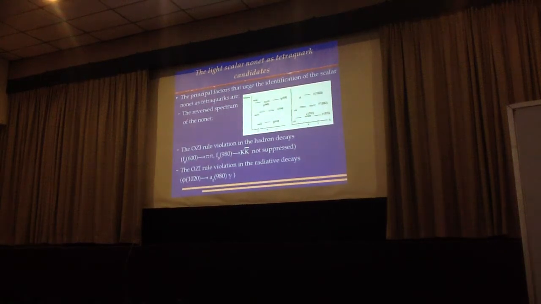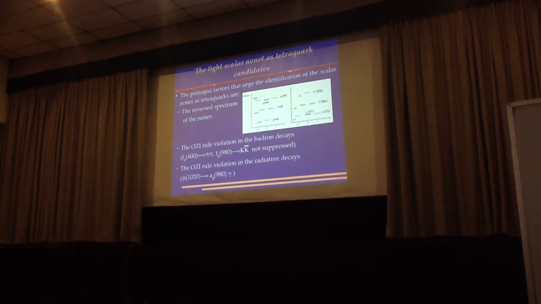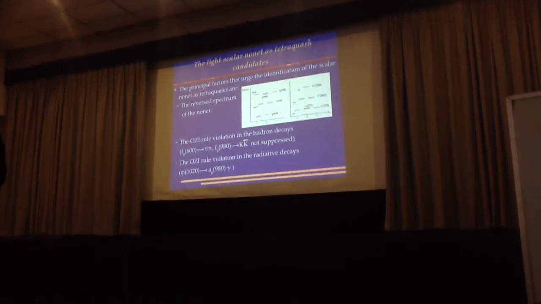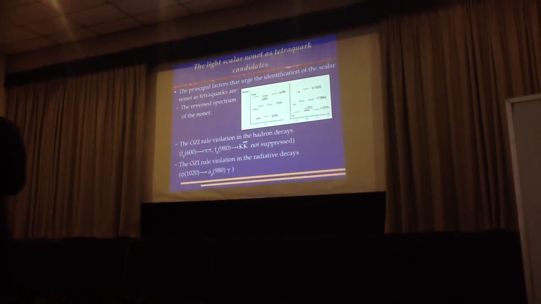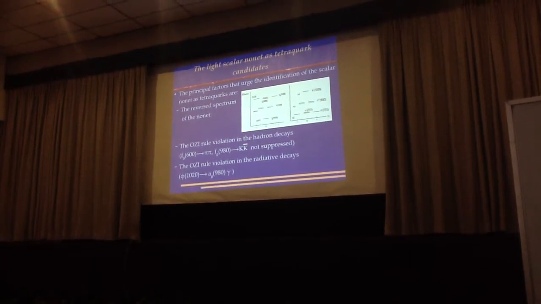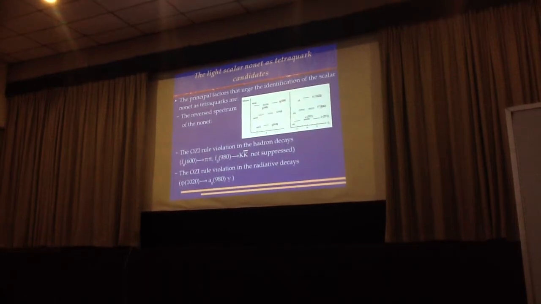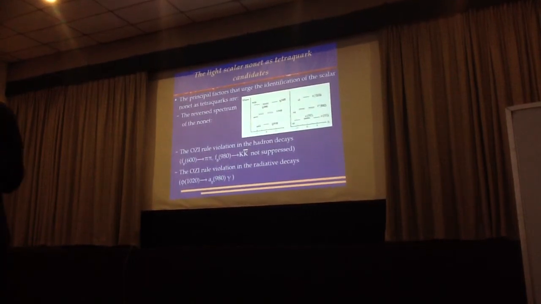So why did Jaffe think, and we too believe, that this light scalar nonet is a tetraquark? There are many reasons. The principal ones are these. The first reason is the reversed spectrum of the nonet. We can see on the right the pattern of the normal meson nonet.